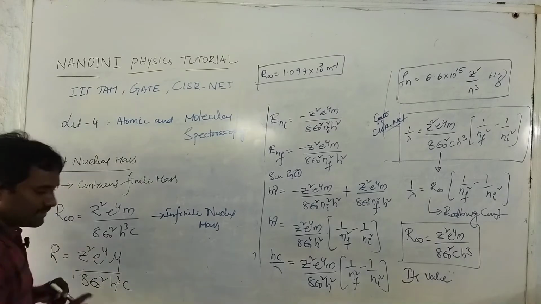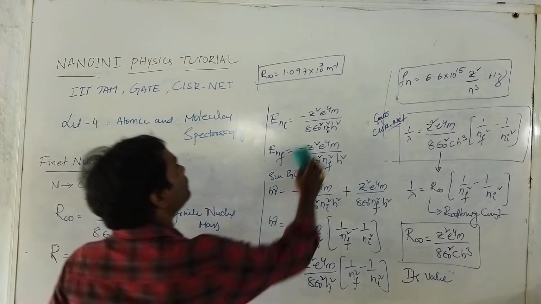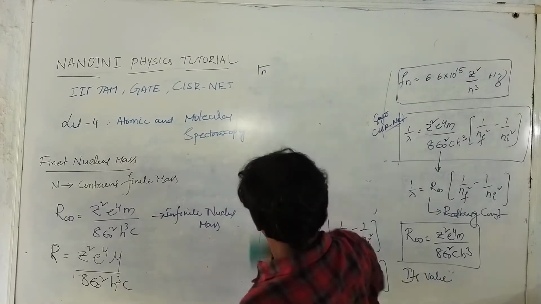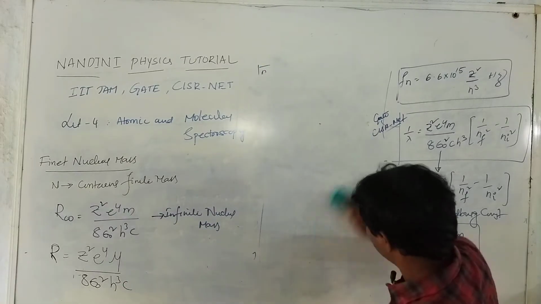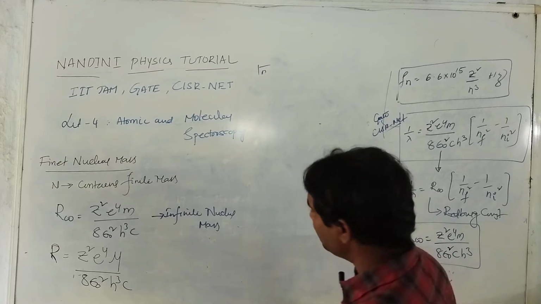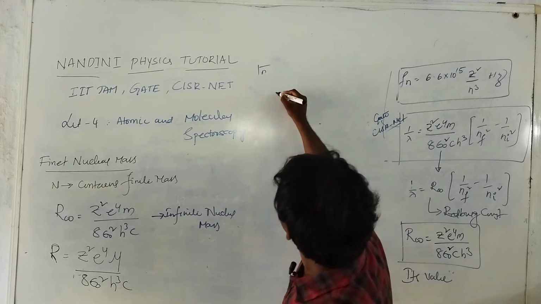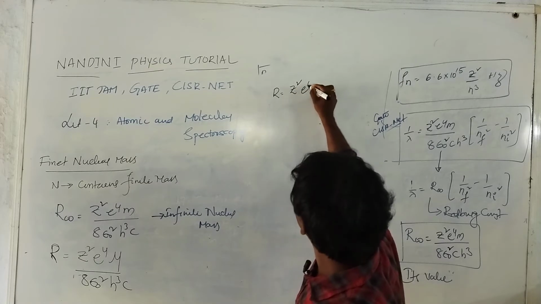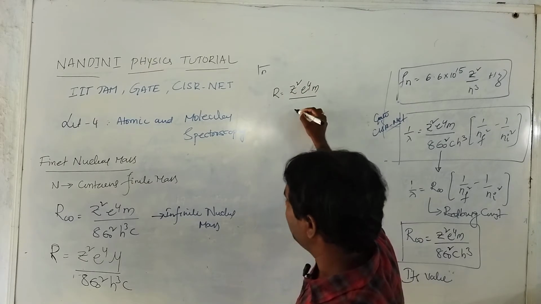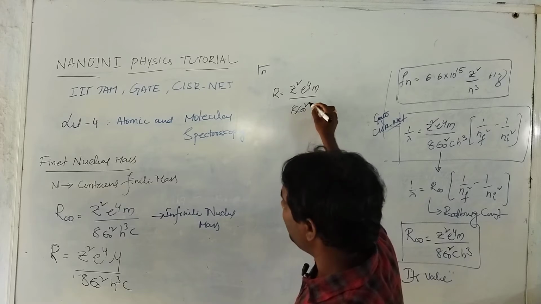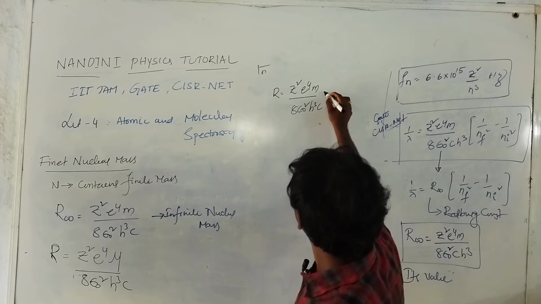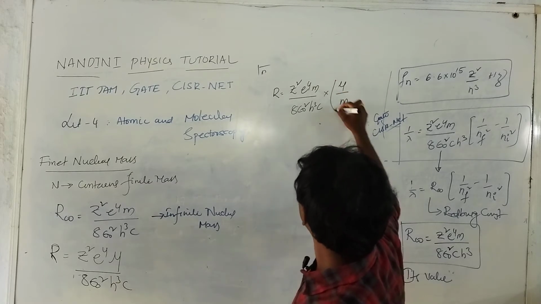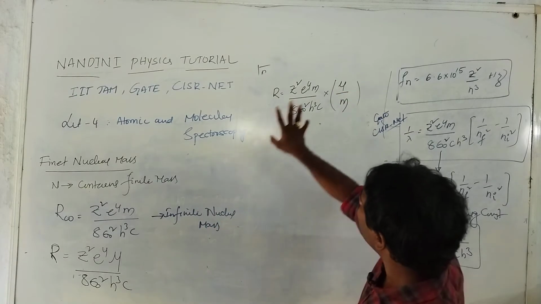So I will write this equation. R is equal to Z square e power 4 m divided by 8 epsilon naught square h cube c into mu by m. So simply I will change this equation into this model.